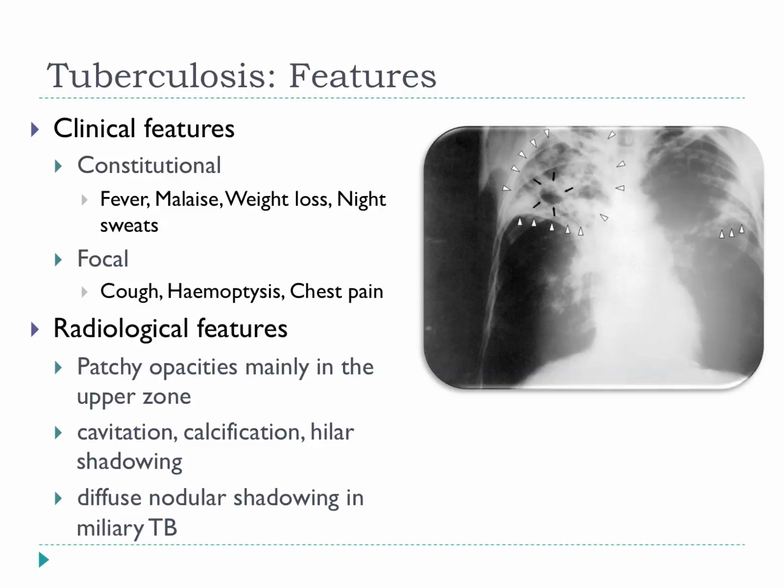And that's a classic sign of tuberculosis. So you get cavities formed in the lungs, and the surroundings of those cavities then get calcified, become hard, and you get shadowing around them on the X-ray. And you also get what we call hilar shadowing, which is this area on either side of the heart. The lymph nodes there swell up and make the heart indistinct around all that shadowing there.